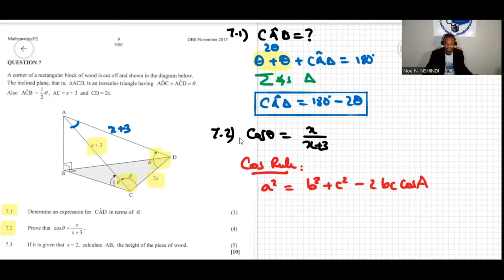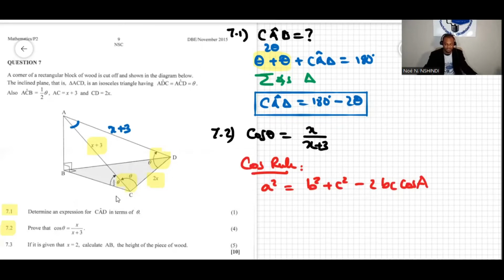Now in this situation, we need to express cos theta, so I'm going to look at angle theta. I have two theta here, and it doesn't matter which one I select. I'm going to take D. The side opposite D is the side AC.